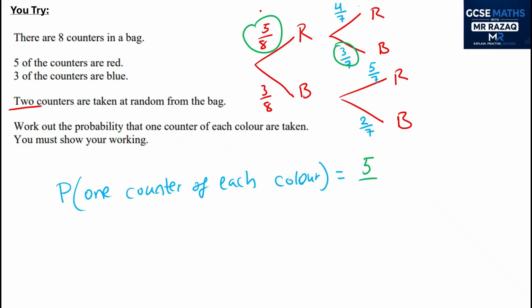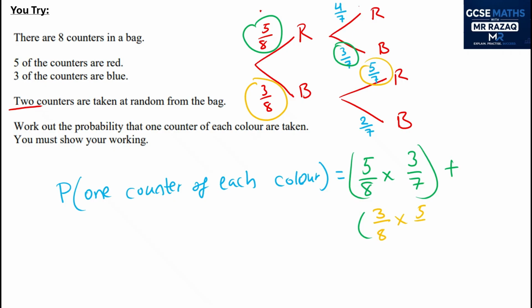That'd be 5 over 8 multiplied by 3 over 7. Another possibility could be, if it's blue, then it must be red. So it would be 3 out of 8 times 5 over 7.